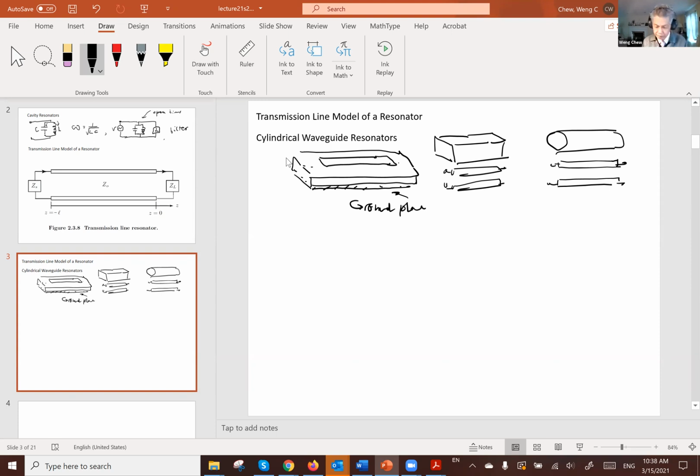You can also think of a microstrip line with a quasi-TEM mode as a transmission line. And that can become a resonator when you terminate a transmission line with two impedances. Well, what is the theory behind this? The theory behind this is that for resonance to occur, you need a resonance condition.